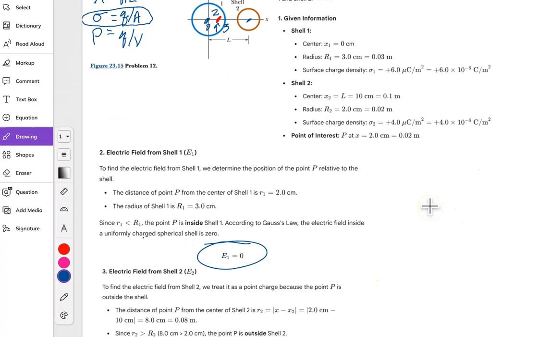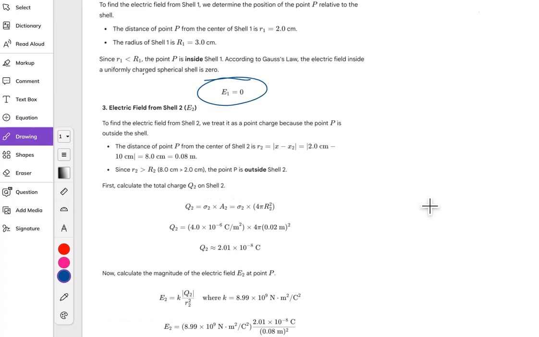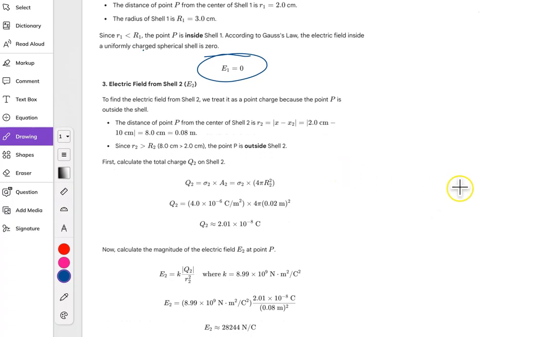For the second one, define the electric field from shell number 2. So remember, we've got shell 2 over on the side here. We have shell 1, and then we have our point of interest right here. So we need to find the distance from point P to the center of shell 2. So we want to go from here all the way over, and we find out that that is about 0.08 meters.